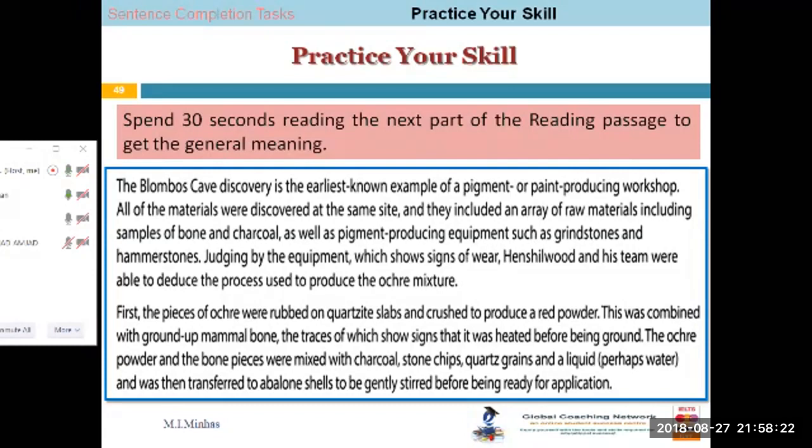Judging by the equipment, which shows signs of wear, Henshilwood and his team were able to deduce the process used to produce an ochre mixture. Okay, stop, stop.